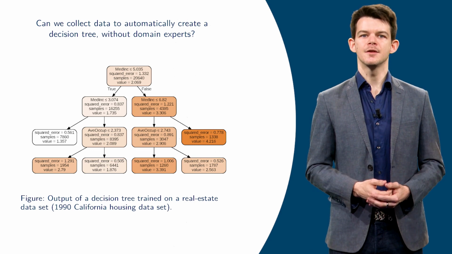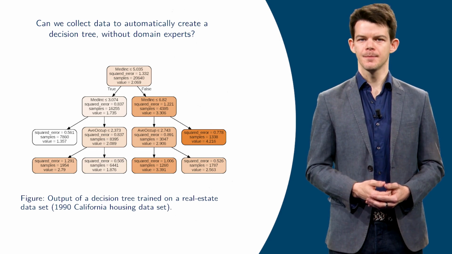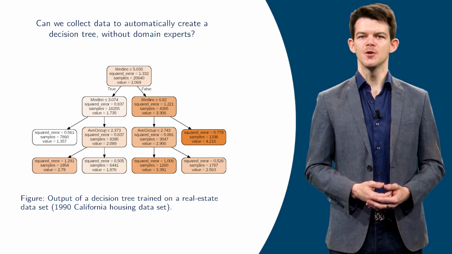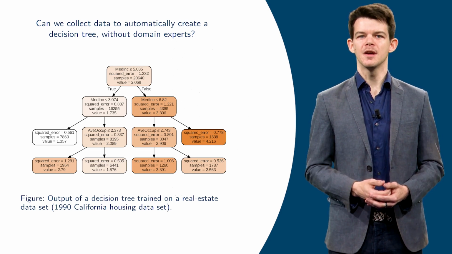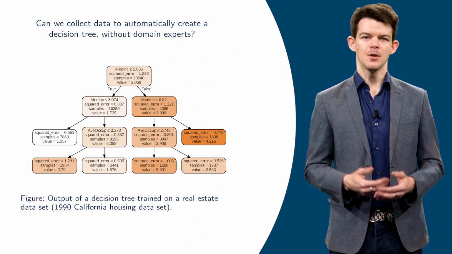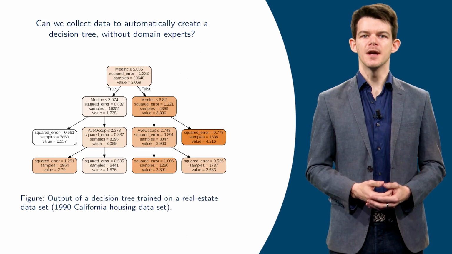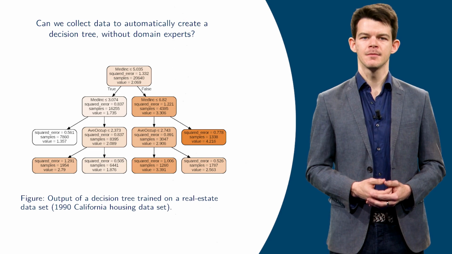It tells us that the question to ask, the split, is based on MEDINC, the median income of the people living in the block. If, for a given zone, the median income of the people in this zone is less than 5, corresponding to a salary of $50,000 per year, the path within the tree continues on the left. The left-hand branch corresponds to areas whose inhabitants have a lower income than the right-hand branch.